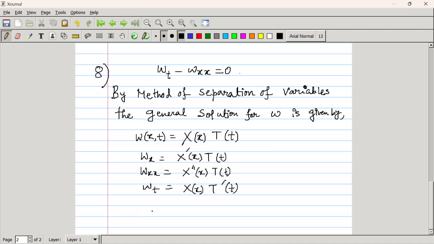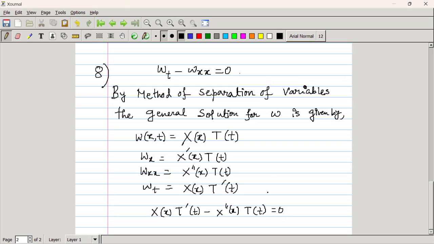If I replace all this in my equation for w, I get X(x) T'(t) minus X''(x) T(t) equal to 0.